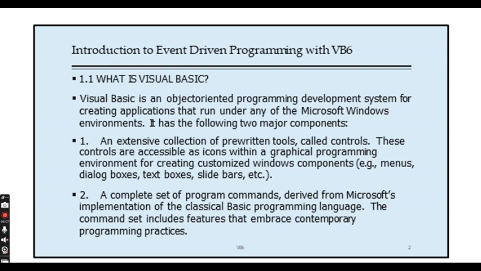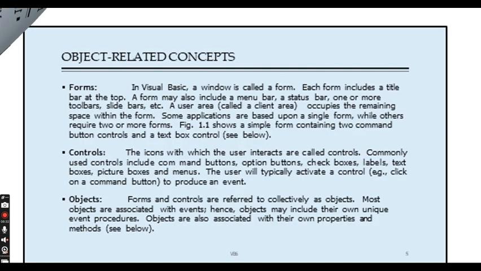For example, when you want to issue a command, a button is designed or put on a form for you to be able to program that command. On clicking on that command, it will bring some defined or predefined action. That is what we call a control. We shall be looking at various controls as we move on.